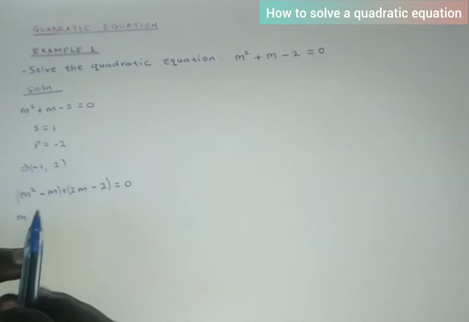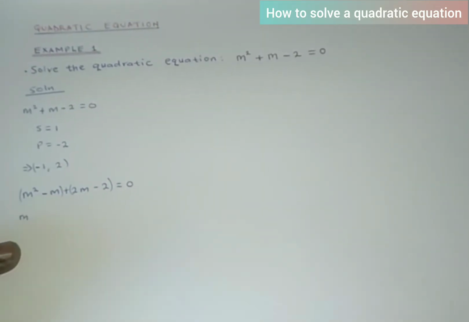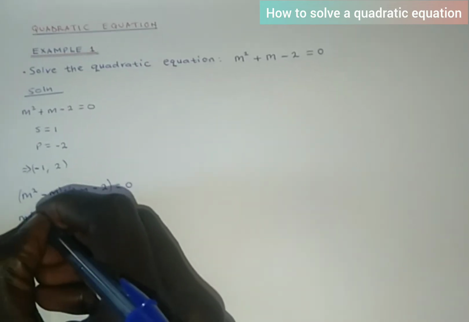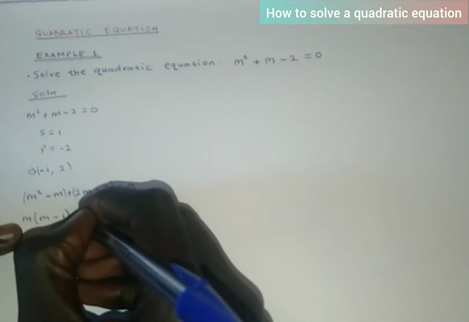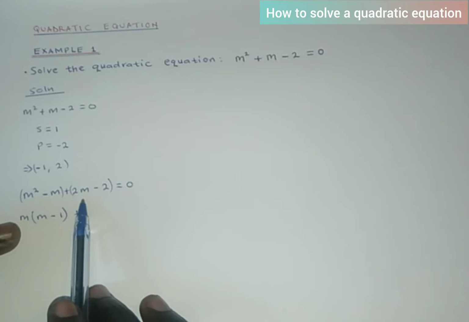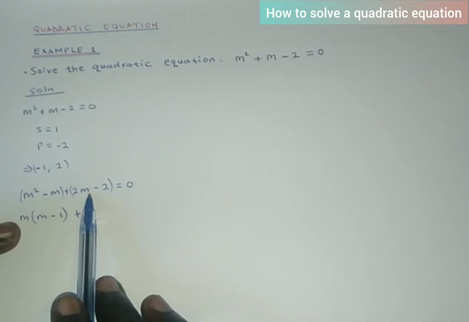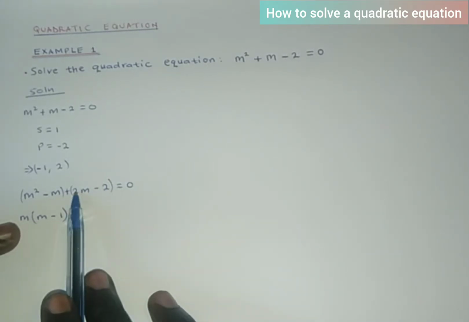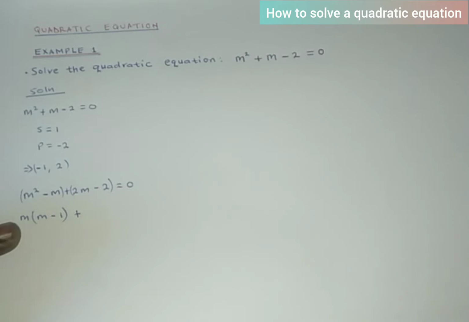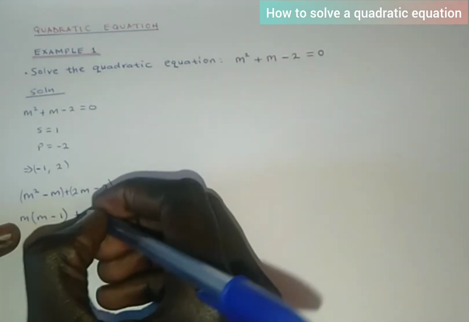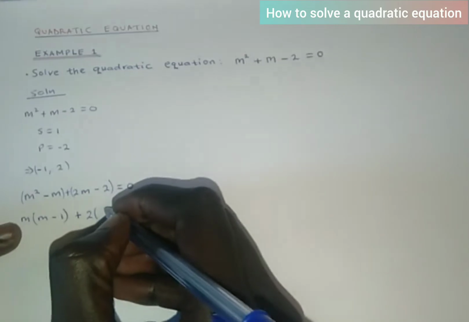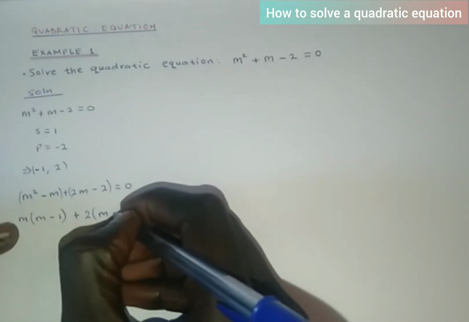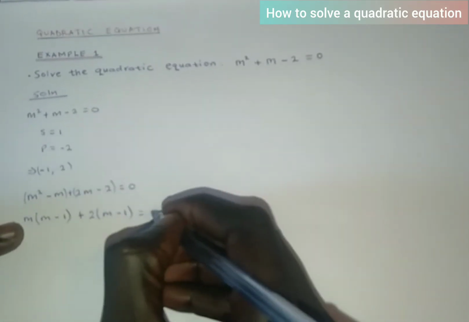The common value in this first bracket is m, so m into m minus 1, plus the common number here is 2. So let's put 2 outside, and in the bracket we have m minus 1 is equal to 0.